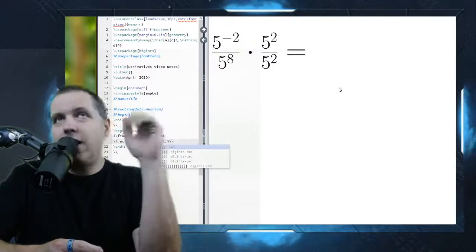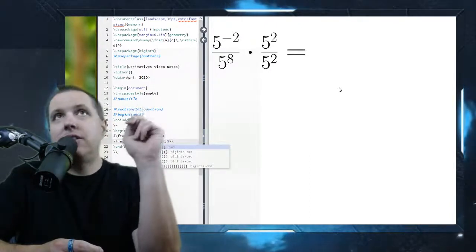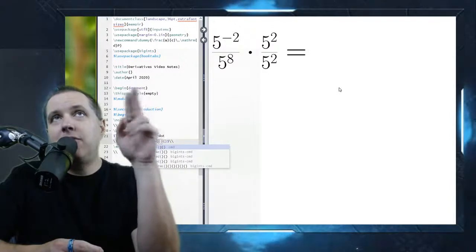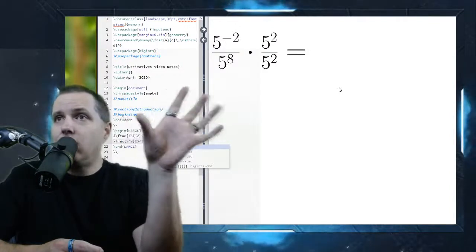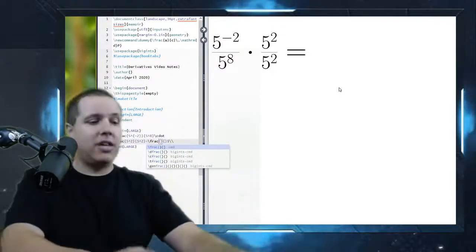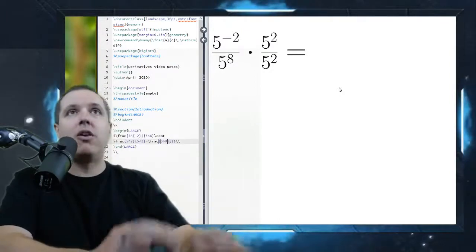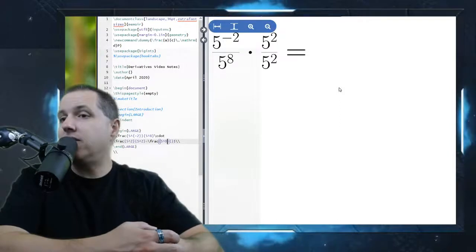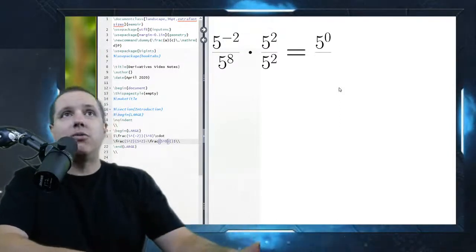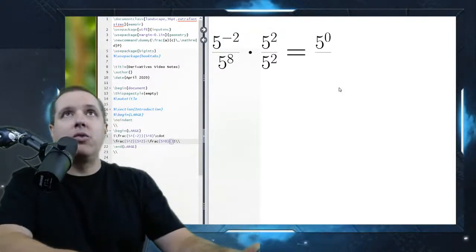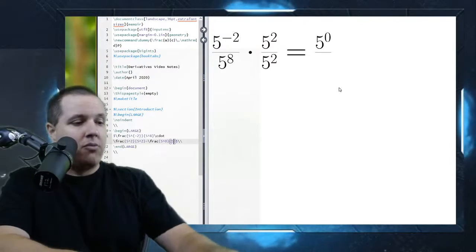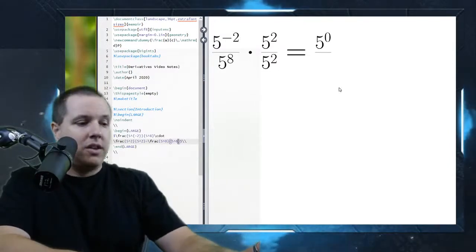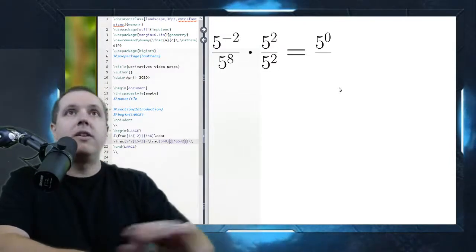So that would give us 5 to the 0. Hopefully you remember what 5 to the 0 is. We'll talk about that in just a second when we simplify further. And then what do we get on the bottom? On the bottom, we get 5 to the 8th times 5 squared.